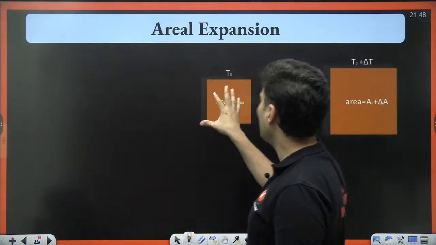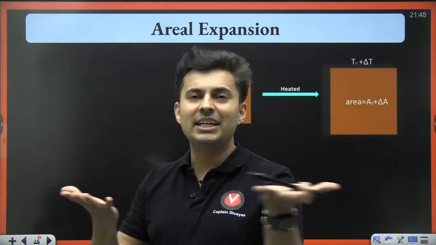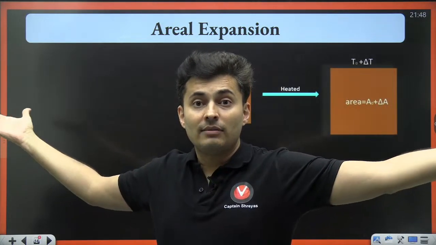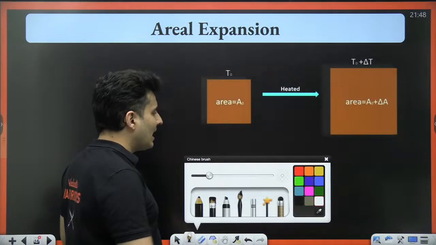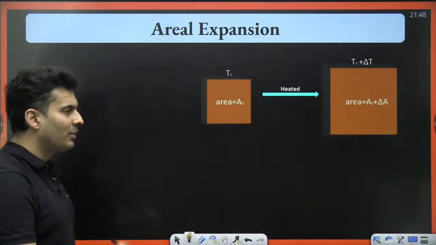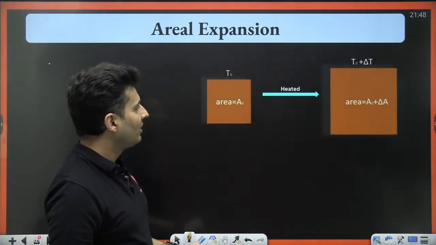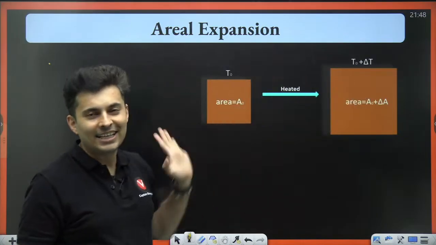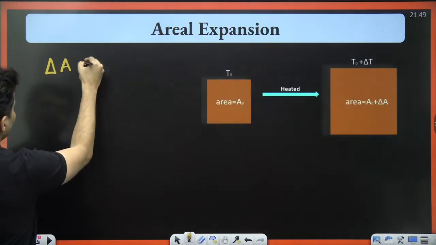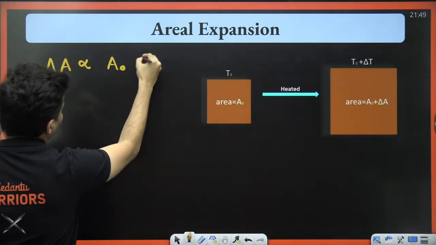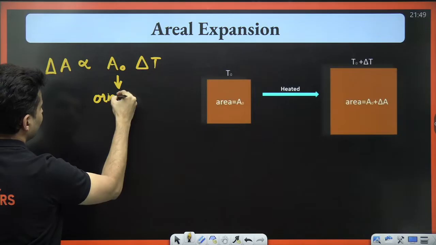Now, similarly, you have areal expansion. You heat something, take a plate, heat it, its surface area will increase. So that is areal expansion. Same way as before, if the original area is A0 and the change in the area is delta A, this delta A is proportional to the original area as well as the change in temperature.